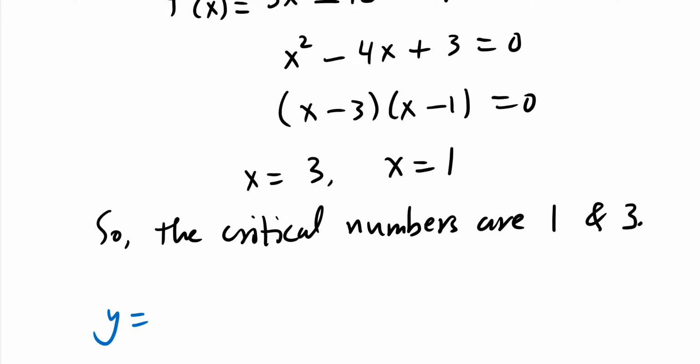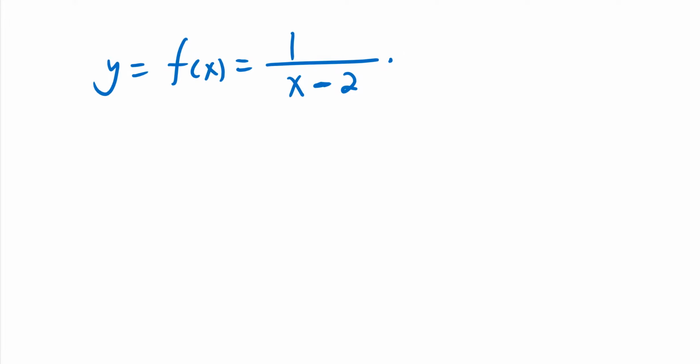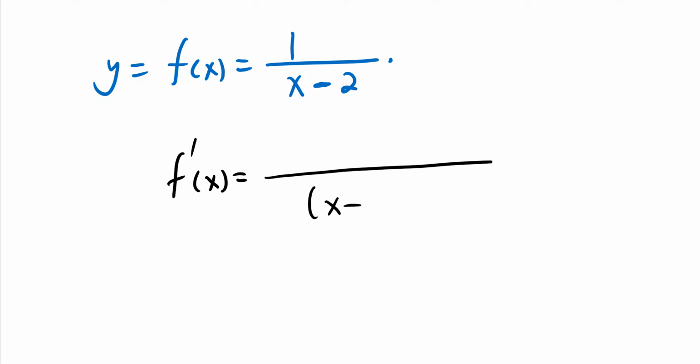What about y equals f of x equals 1 over x minus 2? So what do we do here? Always we find the derivative first. To find the derivative of this, what do we use? We use the quotient rule.